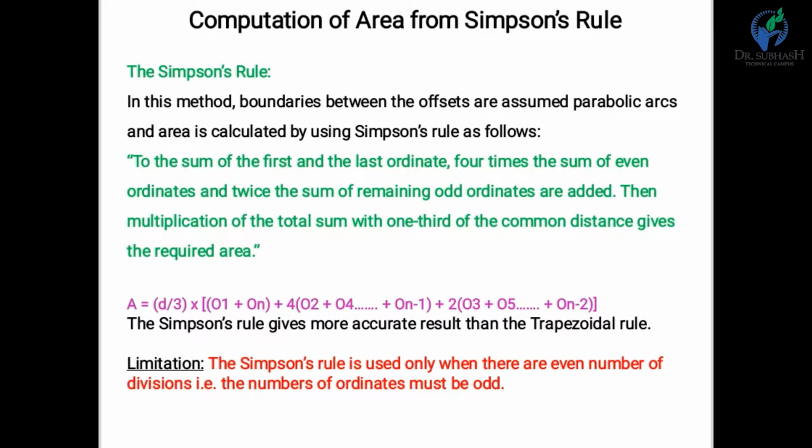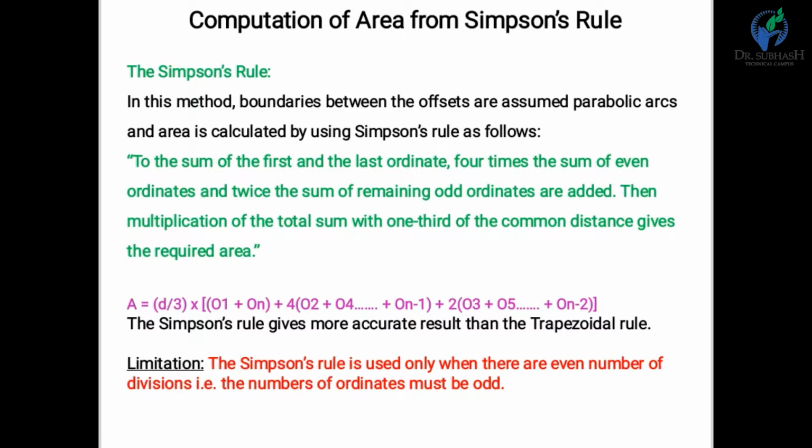Next is computation of area using the Simpson rule. The main difference between the trapezoidal and Simpson rules is that we consider the boundaries joining the offsets to be parabolic arcs, and the area is calculated using the Simpson rule as follows.